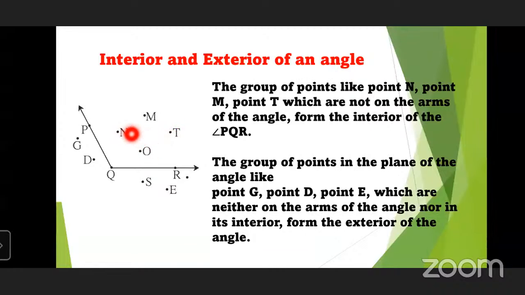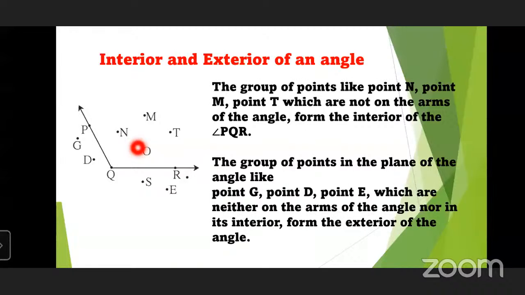These points are known as the interior of an angle. Why? Because these points are at the place of the arms of the angle. Where the arms are open, these points are placed there.